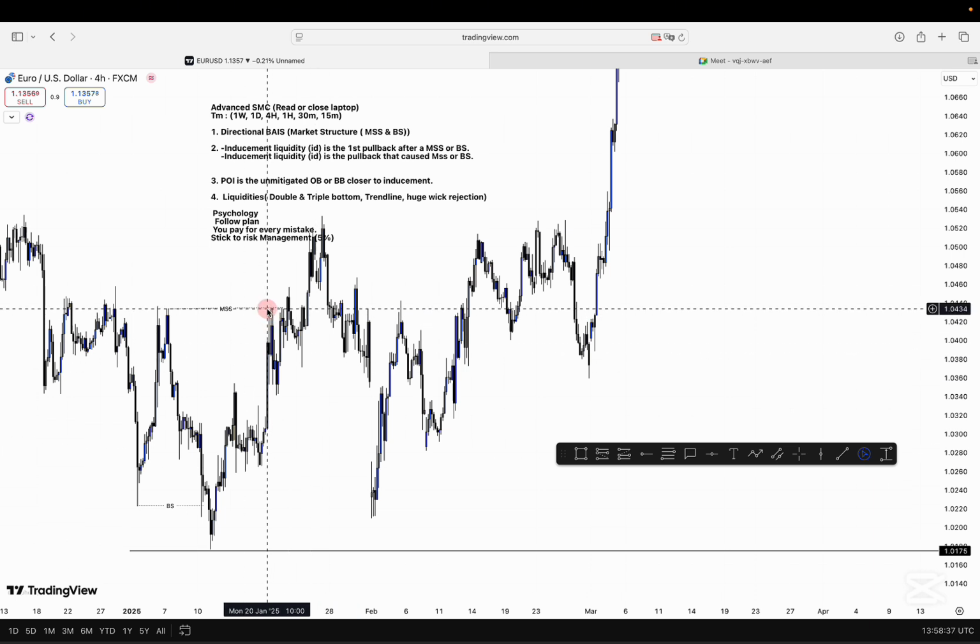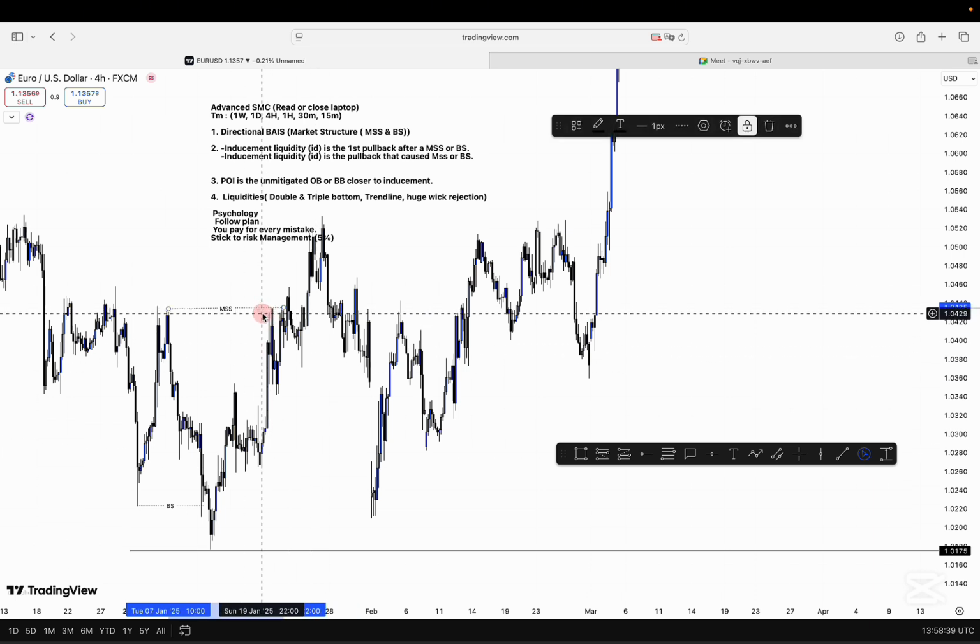Or that order block should have a breaker block, or it will form an inducement. Yes, so that order block should have an inducement protecting it. Breaker block and order block are the same, but a breaker block is a broken order block.